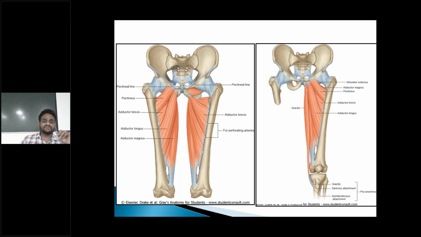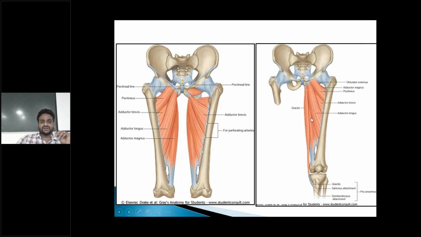Do you know the meaning of hybrid or composite muscle? You studied it in the upper limb: supplied by two nerves. Very good, dual nerve supply. So the pectineus and adductor magnus have dual nerve supply. That's why these two muscles are called hybrid muscles. That is the first thing to clarify.